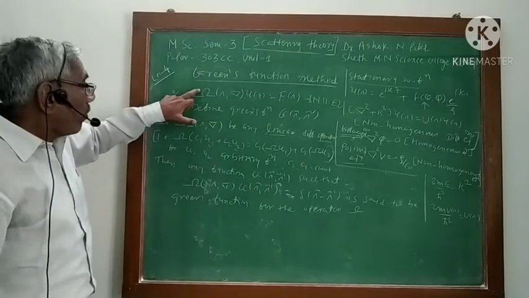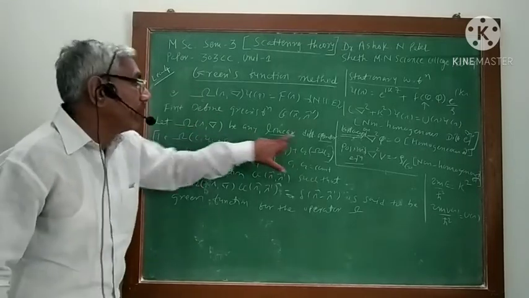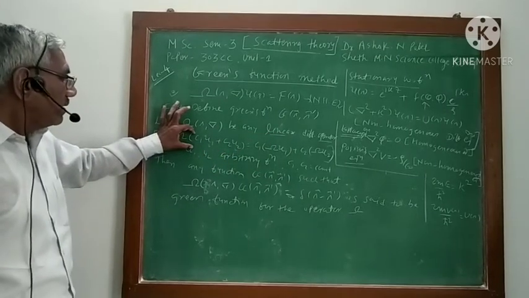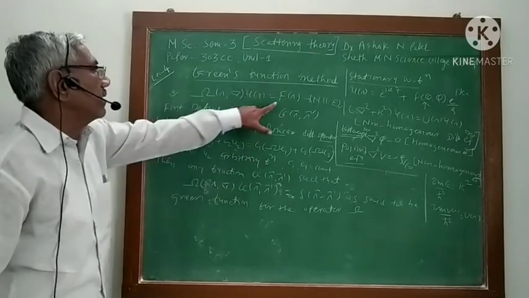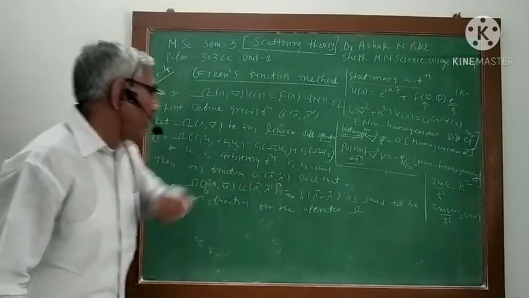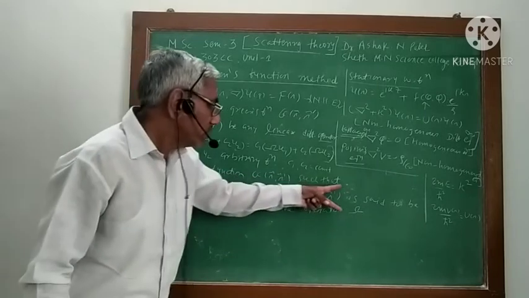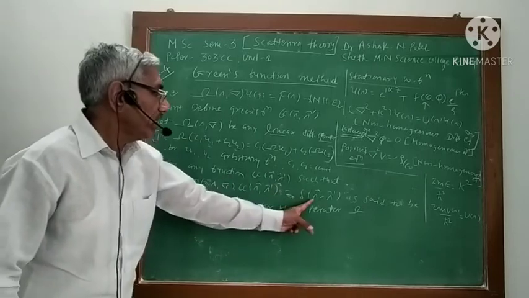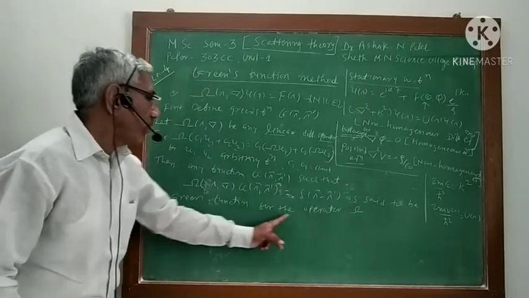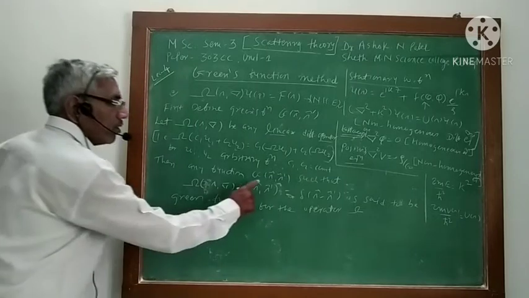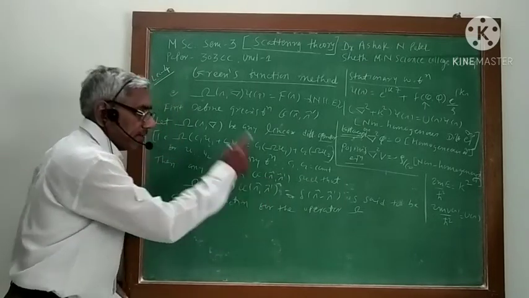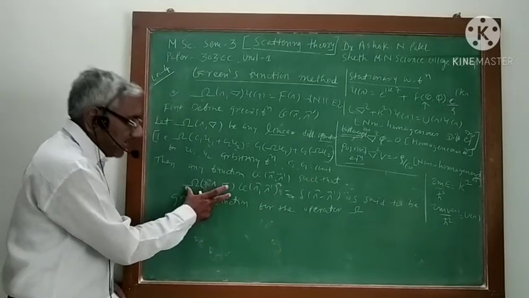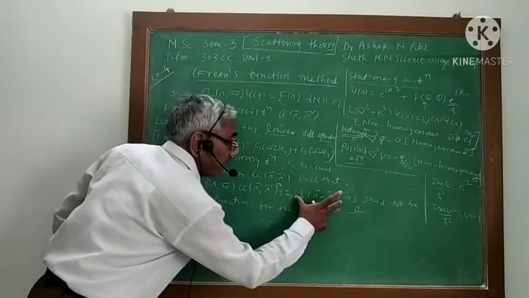If I have an operator which is a linear operator satisfying this condition, then any function G such that it follows this condition is said to be the Green function for the operator. So G is called the Green function if, when operated on by omega, it gives me the delta function.